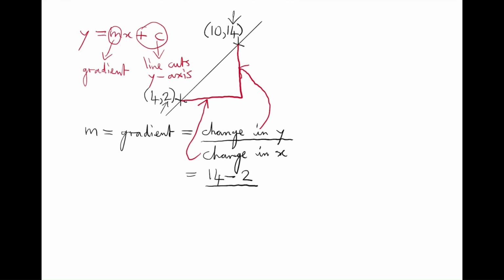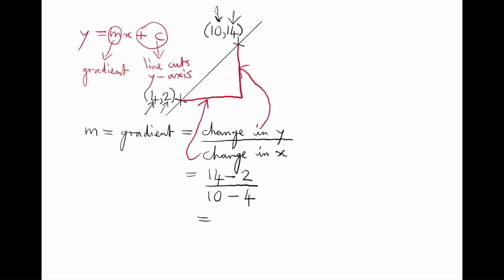Now we want the change in the x values. Because we used 14 first, we go to that same coordinate and make sure we use the same x value first. So we start with the value 10, and then we subtract the other x value, which is 4.